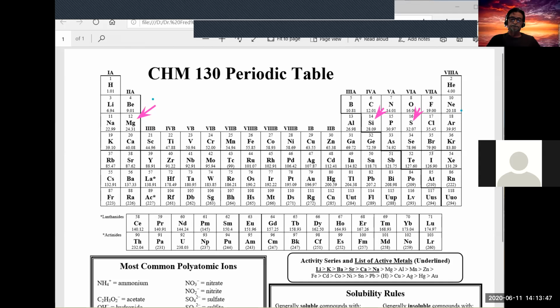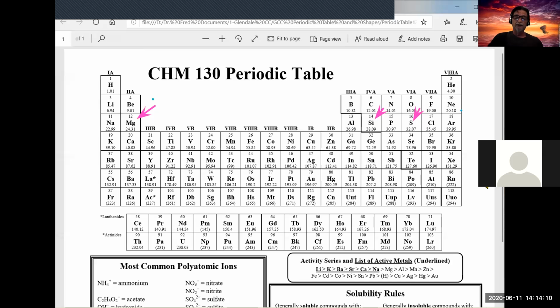When I share my files, I can't see the other file. I don't know where it went. Yeah, it was sulfur. There it is. There we go. All right, so we've got magnesium, number 12, silicon, number 14, and sulfur, number 16.